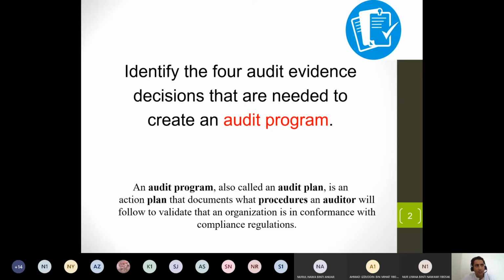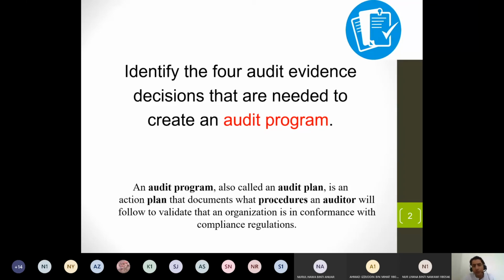Okay, so the evidence is a kind of supporting document or supporting video or supporting witnesses to prove something, to prove the claim. Okay, so this is the general definition.